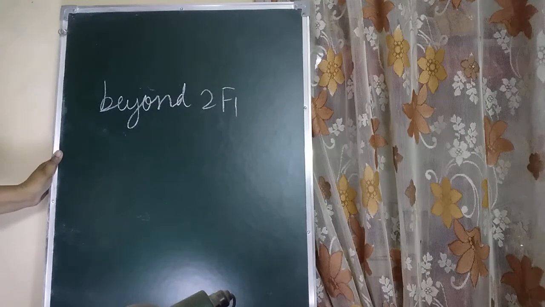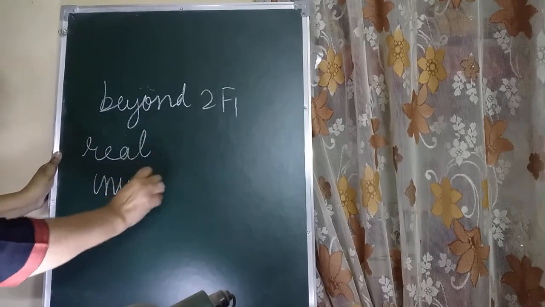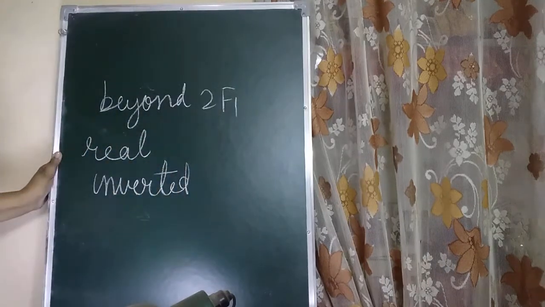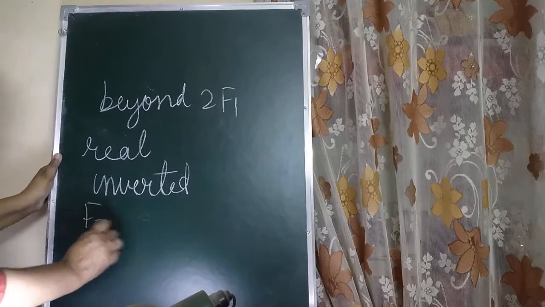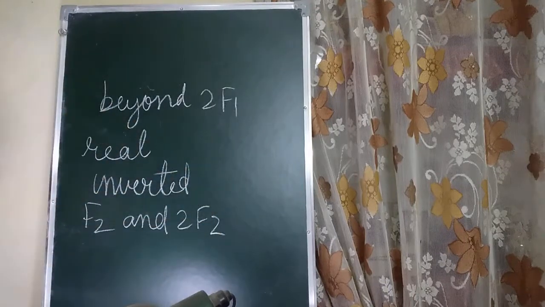The image is diminished, real and inverted. And the position of the image is between f2 and 2f2, children.